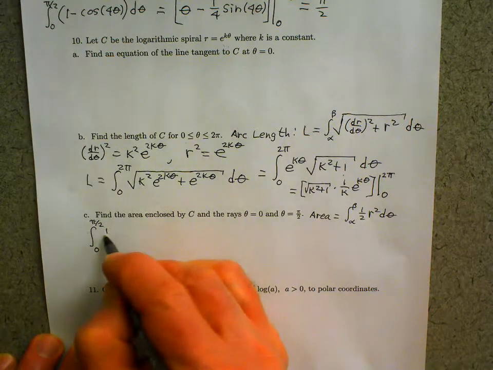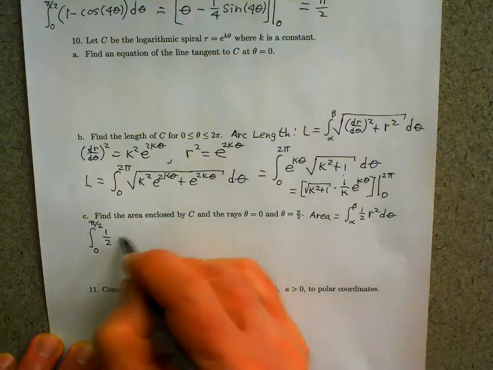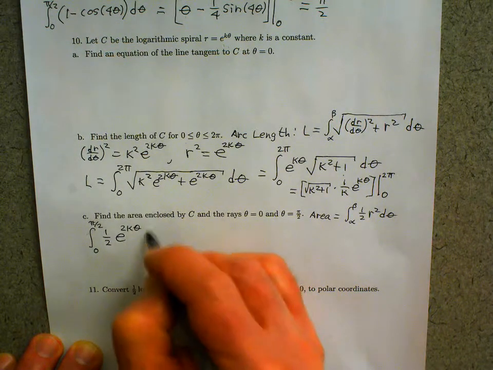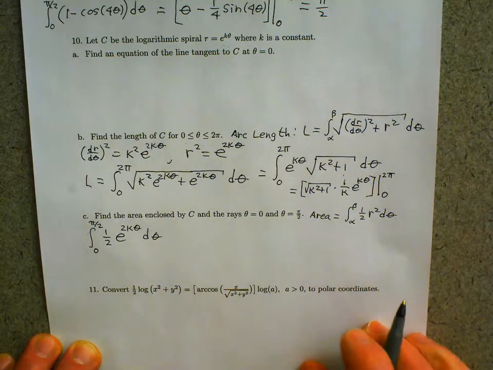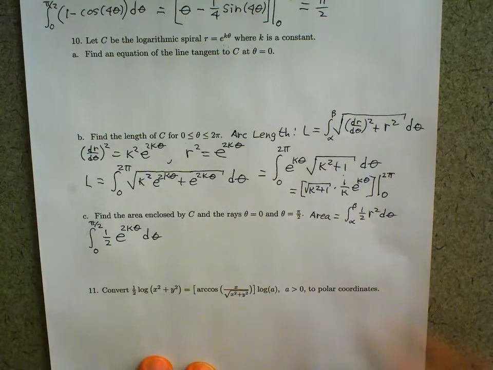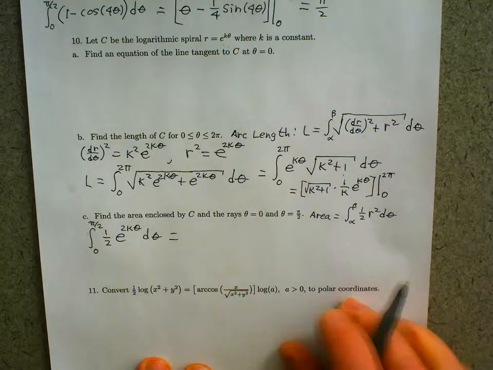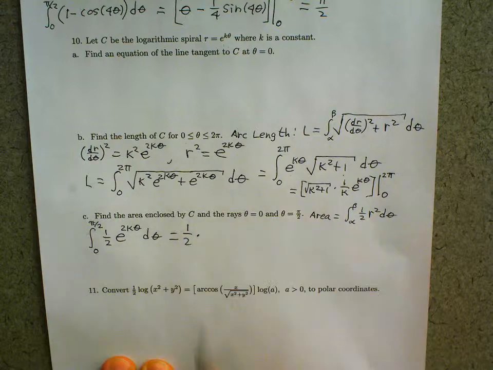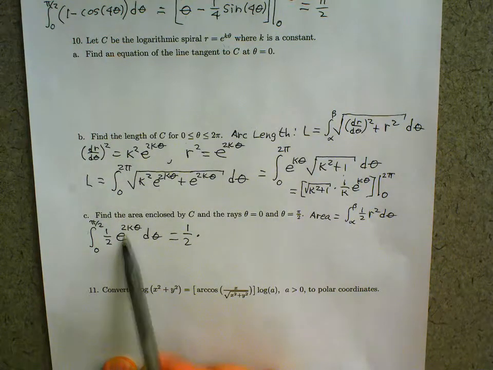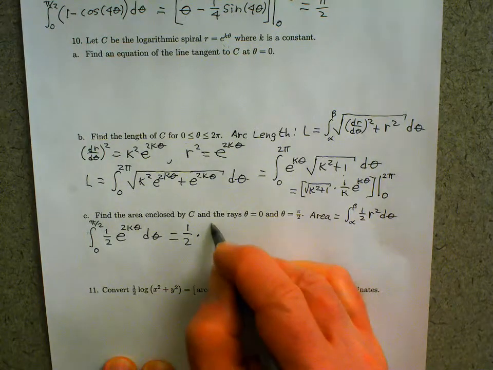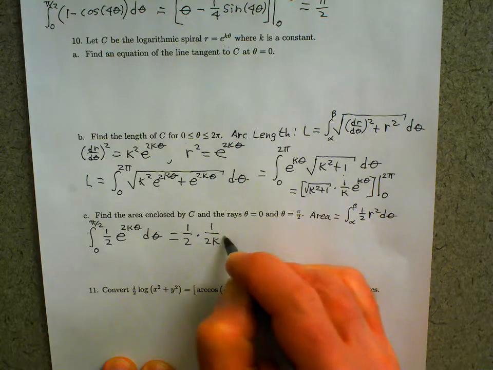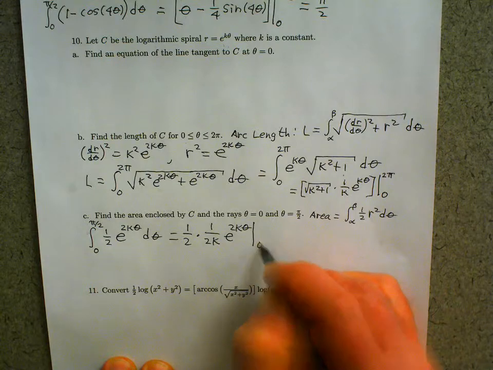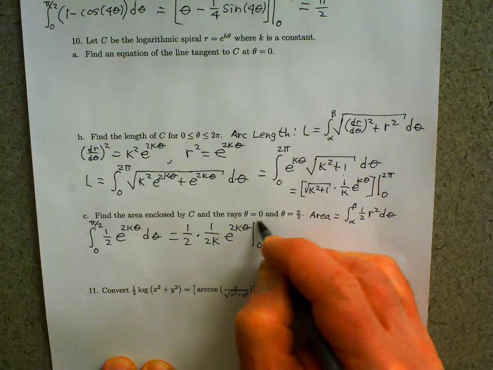And so 1/2 times e to the 2k theta. This is a pretty simple integral to evaluate. We have 1/2, and then an antiderivative of e to the 2k theta is 1 over 2k times e to the 2k theta, between 0 and pi over 2.